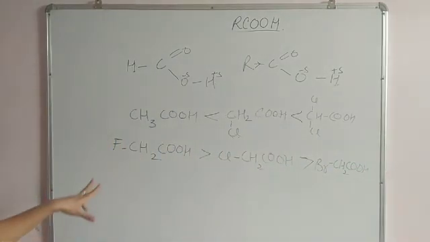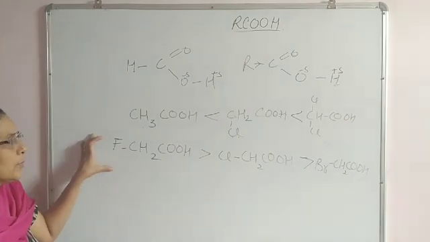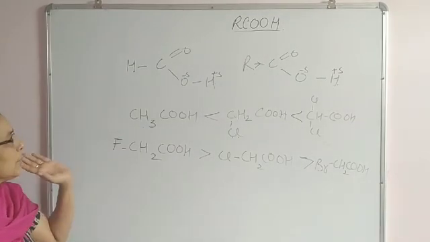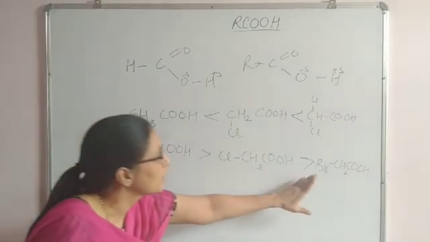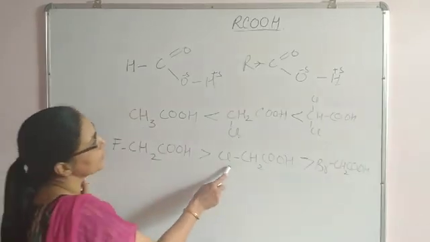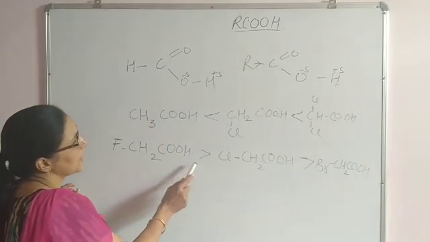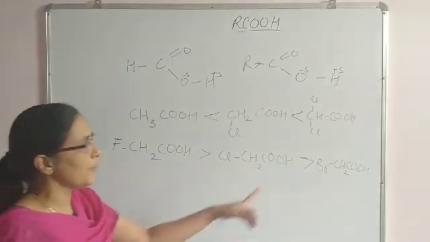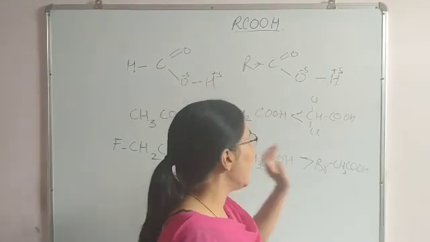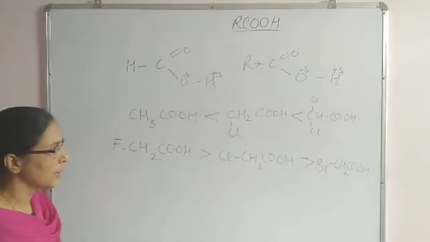As fluorine is more electronegative, it will attract more electron density, or you can say it shows a minus I effect. They have more minus I effect as compared to the chloro group and the bromo group. So fluoroacetic acid is more acidic as compared to chloro, as compared to bromoethanoic acid or acetic acid.